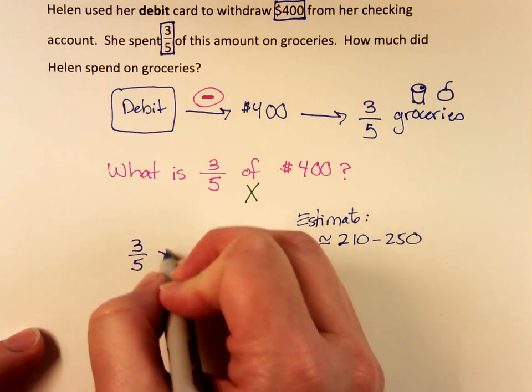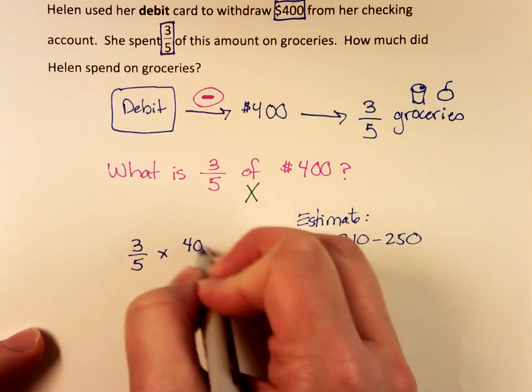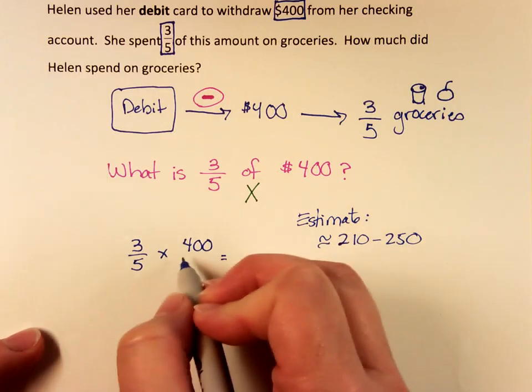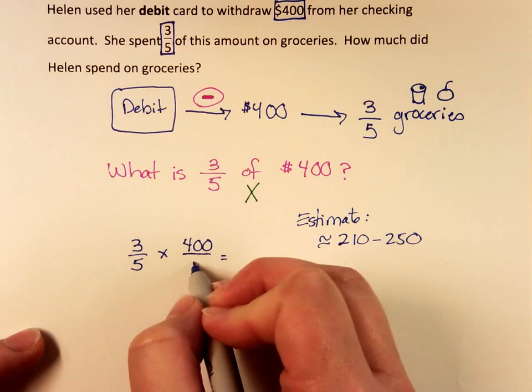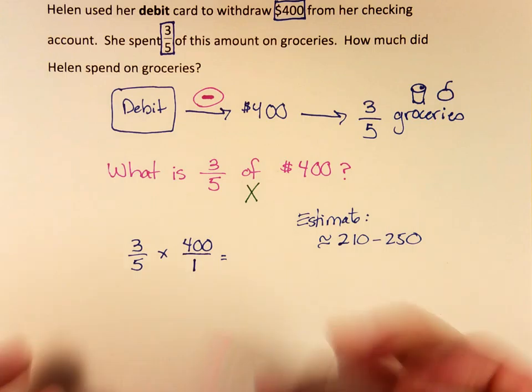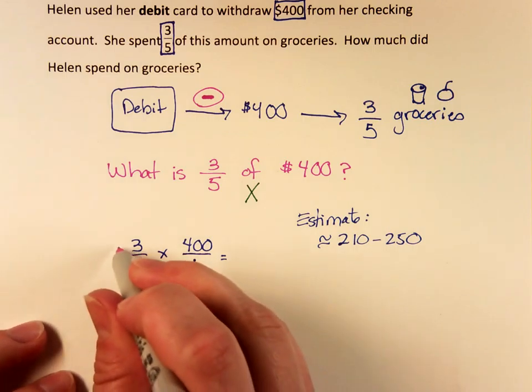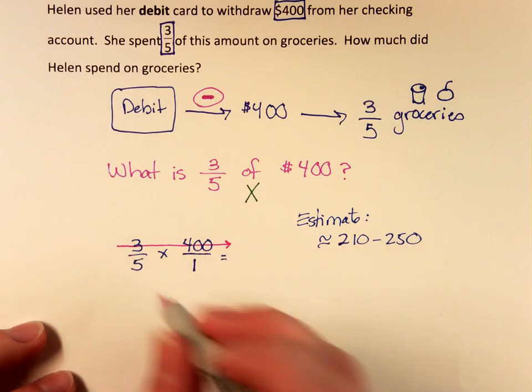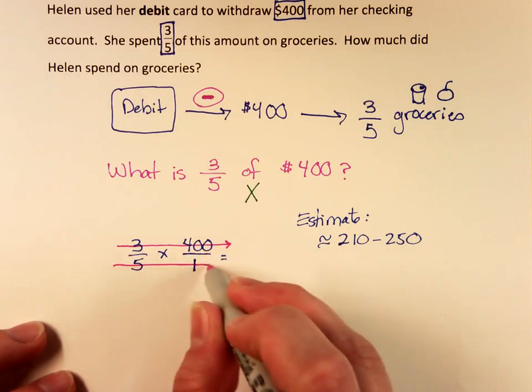3/5 times $400. Now $400 is a whole number. You can put it over 1 if it makes you feel more comfortable multiplying two fractions like that. Now we know from the fraction properties that when you multiply two fractions together, you go straight across. Multiply the numerators, and then you're going to go straight across the bottom.